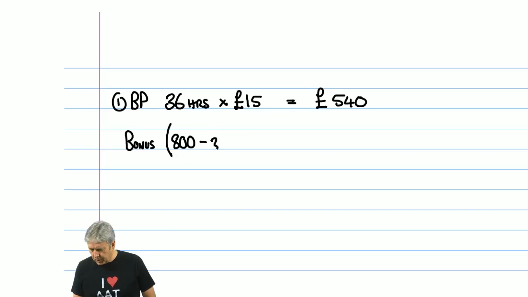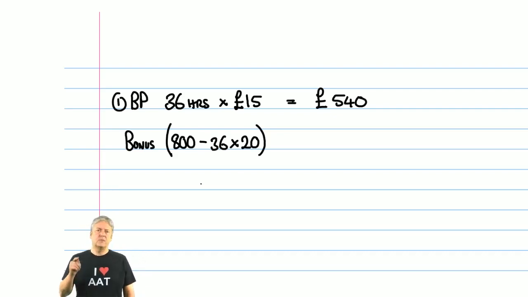Well, they worked 36 hours and we expected them to produce 20 units for each of those hours. So the actual production is 800. The standard or expected production is, what's that, 720.